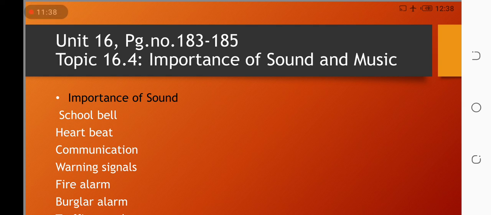In the same way, string instruments produce sound when their stretched strings are plucked or scraped. Brass instruments produce sound when the air in the pipes moves due to the lip vibration of the user.